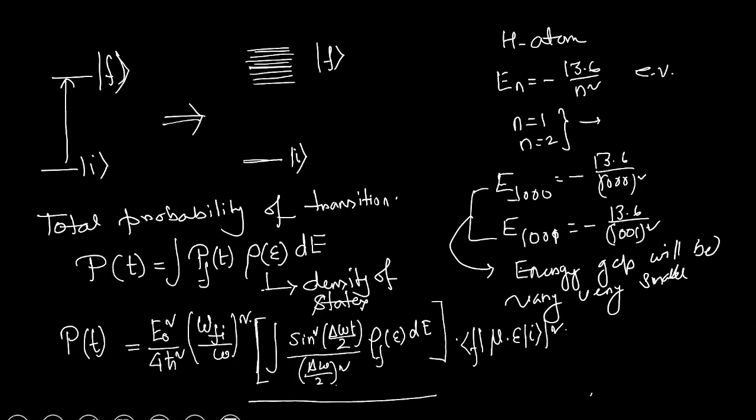Now if we look at the expression of delta omega into t, it will be Ef minus Ei, so it should be E by h cut.